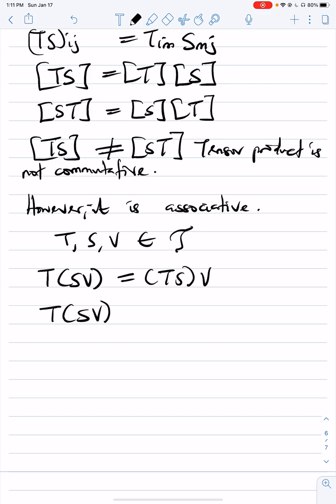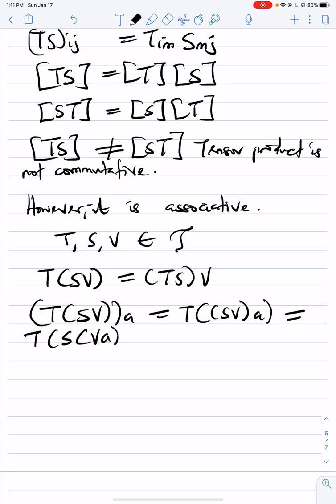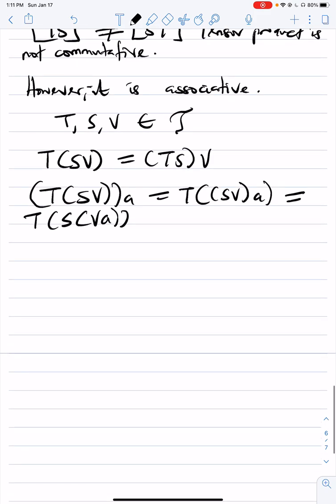If you have this, then if you decide to, let's say, multiply with a vector at the end, the order still doesn't matter. That holds. This still should be equal to this. If you have S outside, then V of a, that should work.